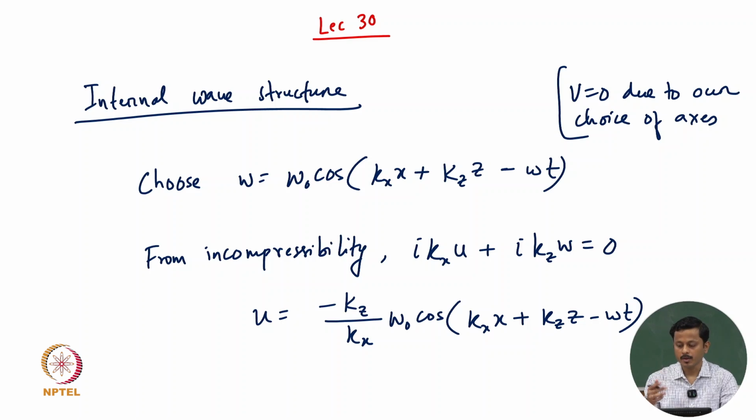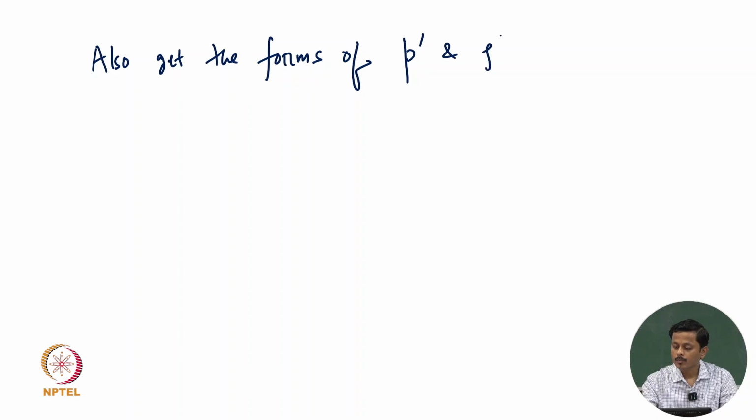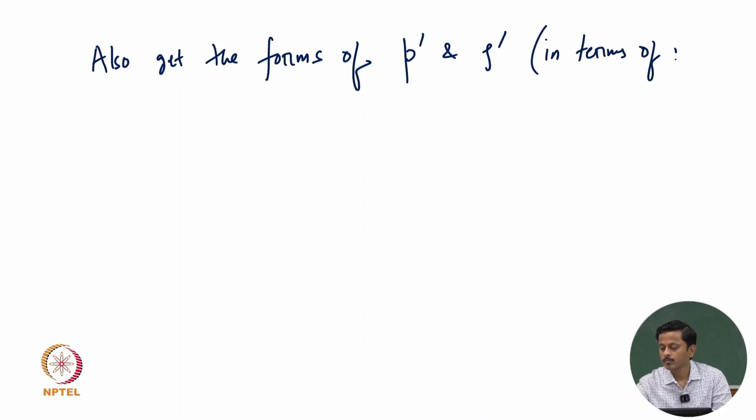Similarly, from the set of equations that we have derived by plugging in the assumed solution, we also get the forms of p prime and rho prime in terms of w. We'll see that rho prime is out of phase with w, and this is left as an exercise for you.